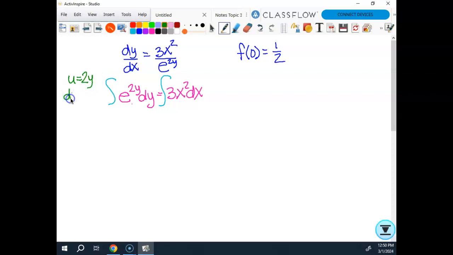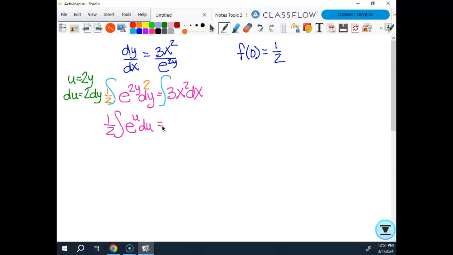So du equals what? 2 dy, right? So this is a 2 dy, so I have to multiply a 2 in here, which means a 1/2 out here. So this will give me 1/2 times the integral of e to the u du.